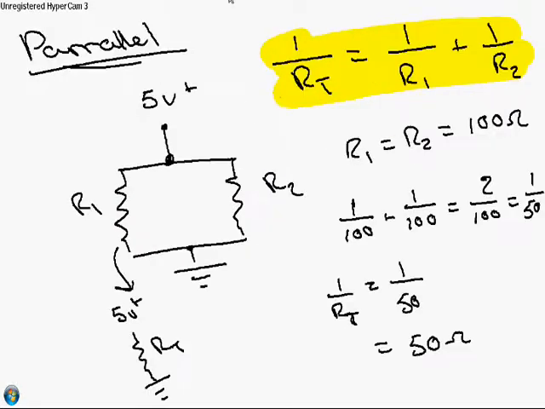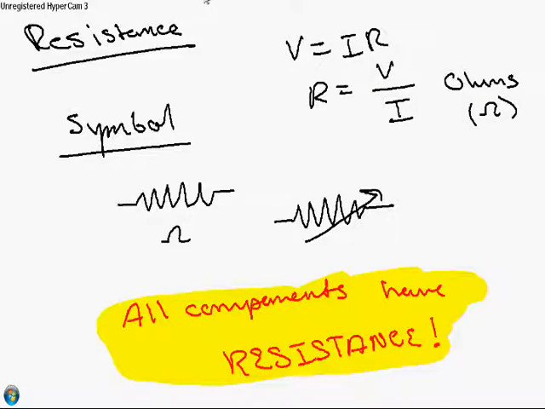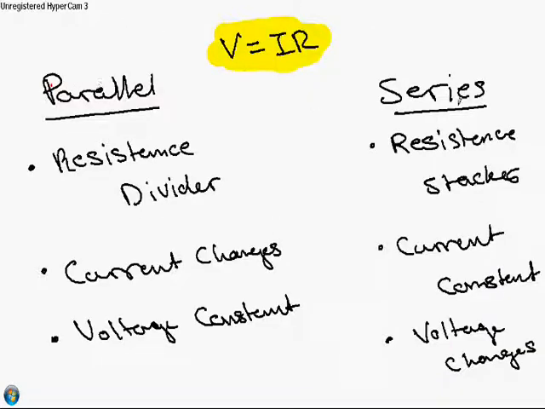Okay, so let's just sum up, because I think we went over a lot today, and it's always a good idea to sum up at the end. Resistance. What is it? It's the ratio of voltage to current in a system, and it's measured in ohms. We've got the symbol here for it, which you will see in schematics. Good thing to know. All components have resistance, which we will talk about more in later videos. Parallel versus series.